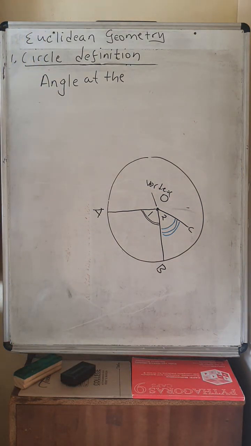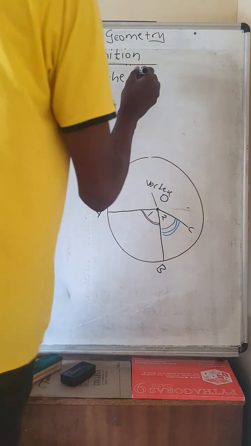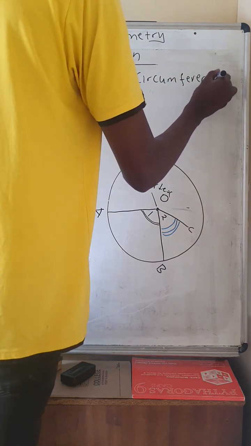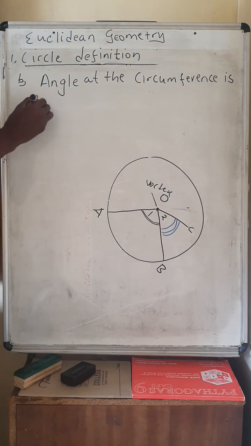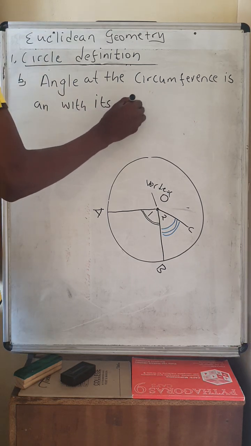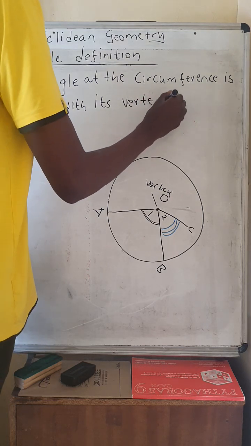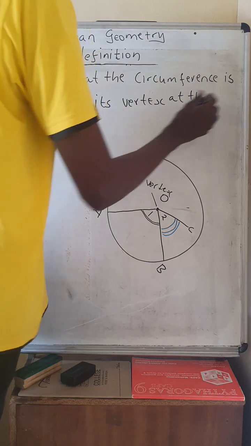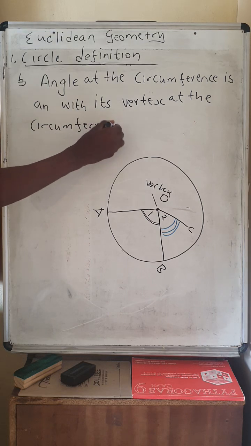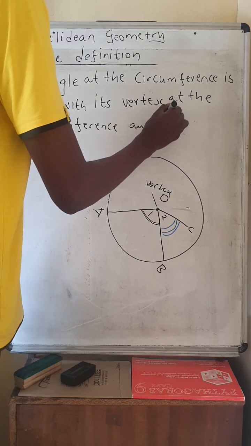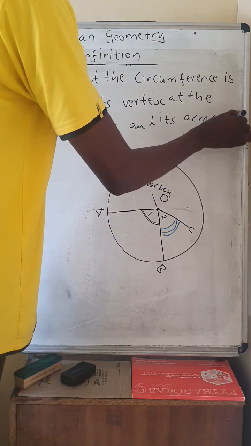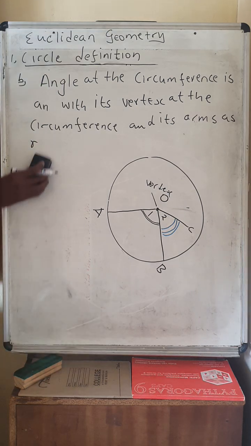B is an angle at the circumference, which is an angle with its vertex at the circumference and its arms as chords.